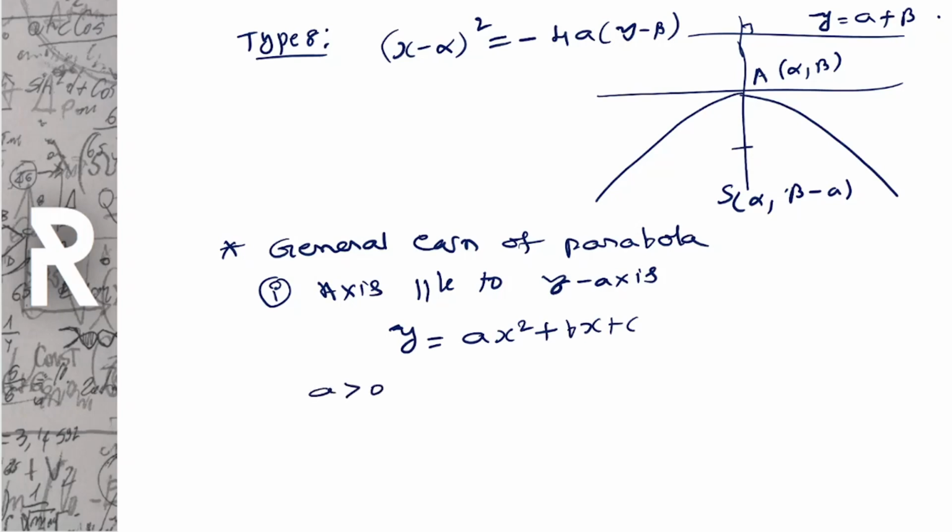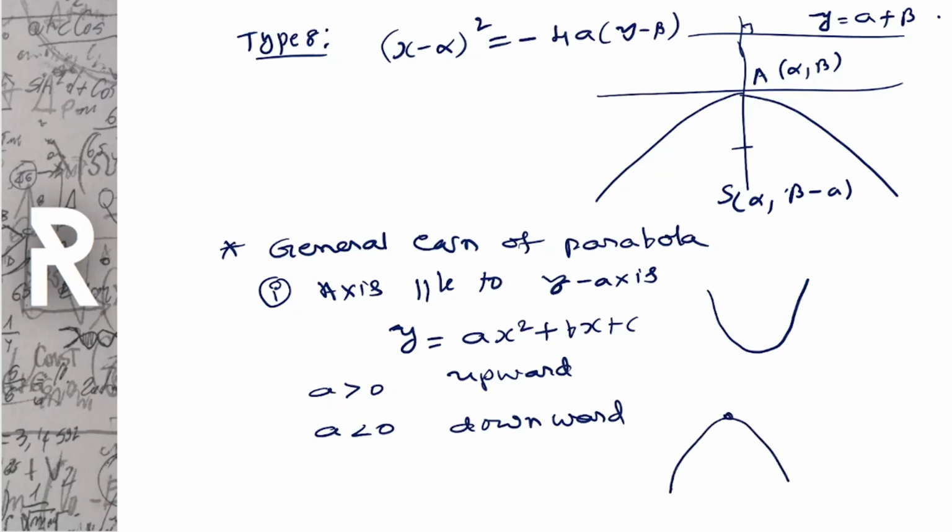A positive, upward. A negative, downward. A positive case like this, A negative case like this. It is the vertex. By using maxima and minima you also get the vertex coordinates. Minimum point here, for A positive, the minimum point.